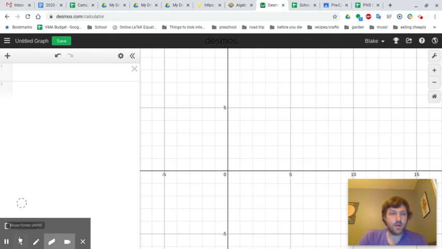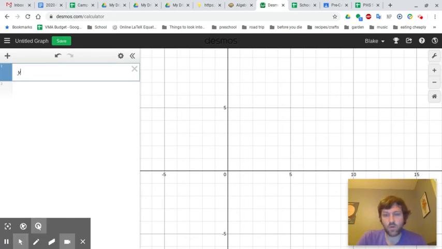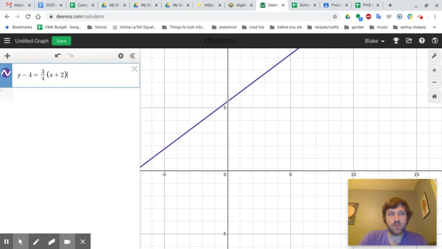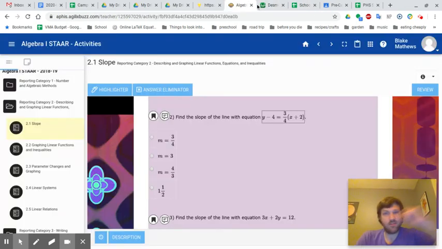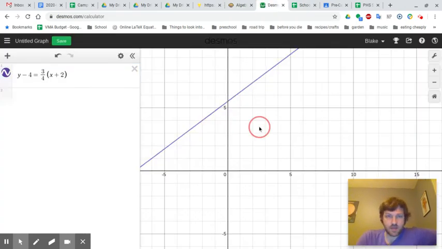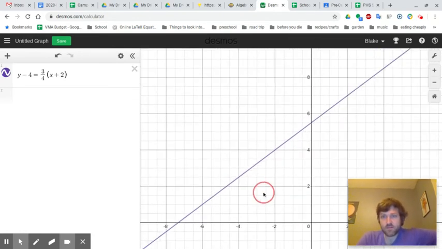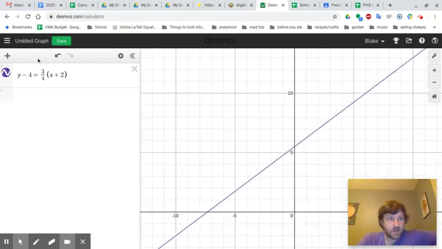All right, so we're going to go back in and we're going to type, let's see, y minus 4 equals 3/4 x plus 2. All right, so there's my equation typed in, and here's my graph. And again, we're going to look for places on the graph where it crosses exactly at the point, right?